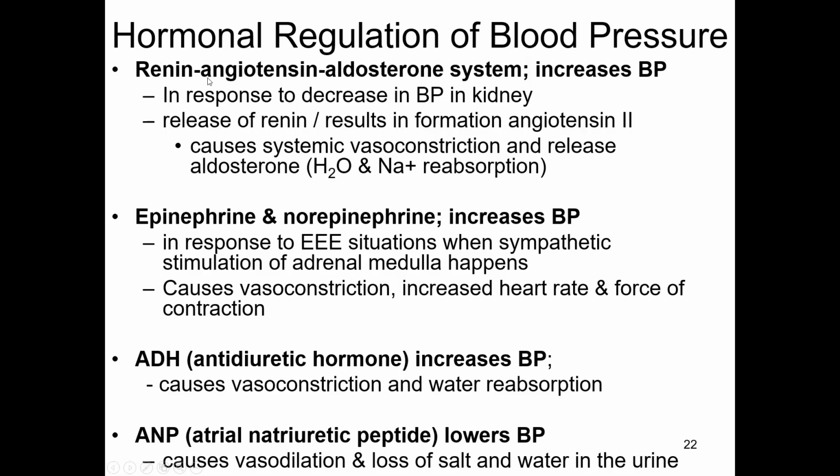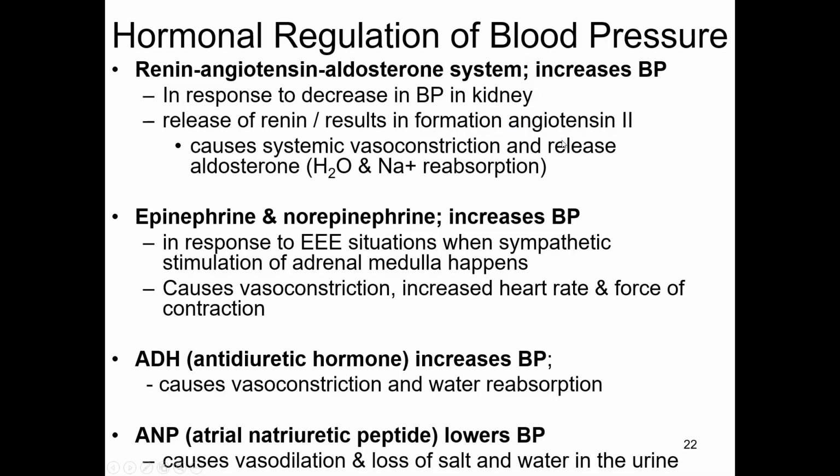Renin in the blood will act on angiotensin and activate it into angiotensin 2. Angiotensin, as its name suggests, it's going to cause angio, contraction, tensin. So angiotensin is causing vasoconstriction when the kidneys detect low blood pressure, low tissue oxygenation, and so blood pressure will be increased from the blood vessel side.